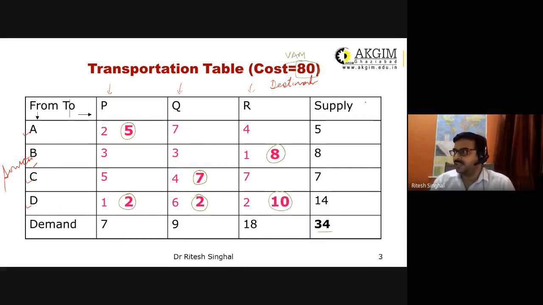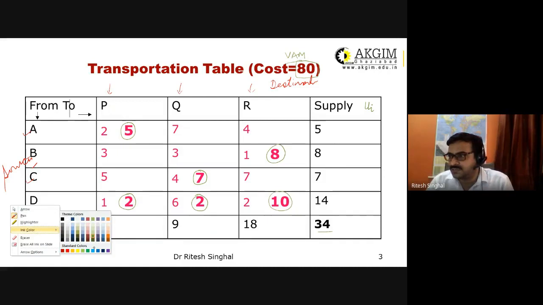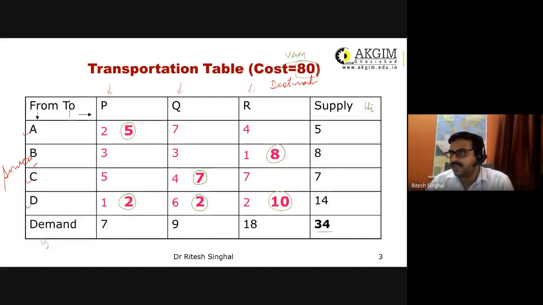The method is like this: we have to add the variables Ui here and Vj here. These are dual variables, and here we have to find the opportunity cost. Take Ui for each row and take Vj for each column.